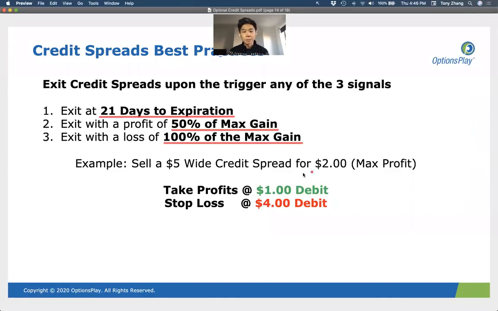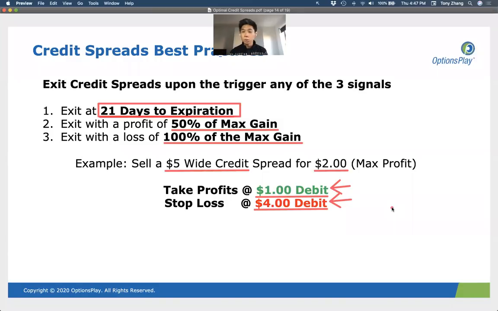Just to give you an example, if I sell a $5 wide credit spread and collect $2 in income, then if I reach a $1 profit on that trade, I would take profit. If I reached a $2 loss, I would take my stop loss. Or if I reach 21 days to expiration first without reaching either take profit or stop loss, I would also get out of the trade.